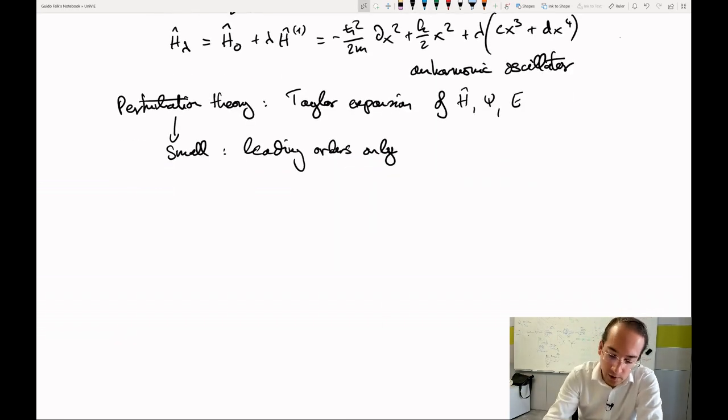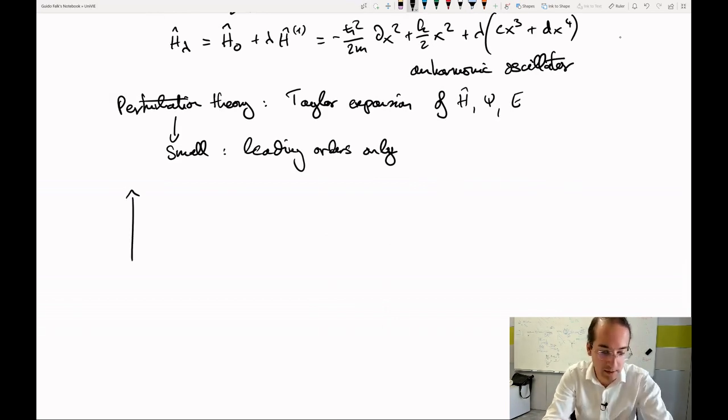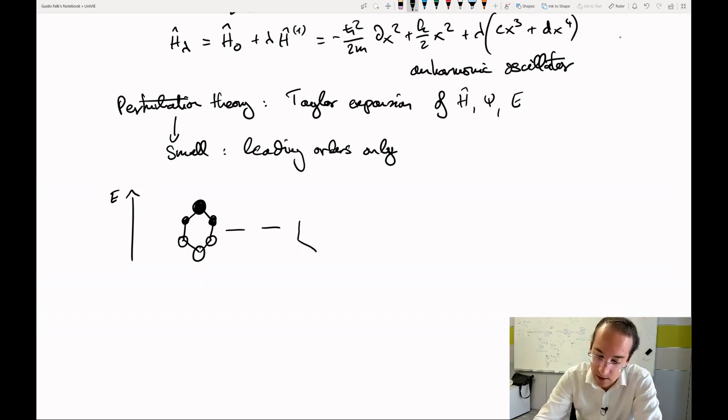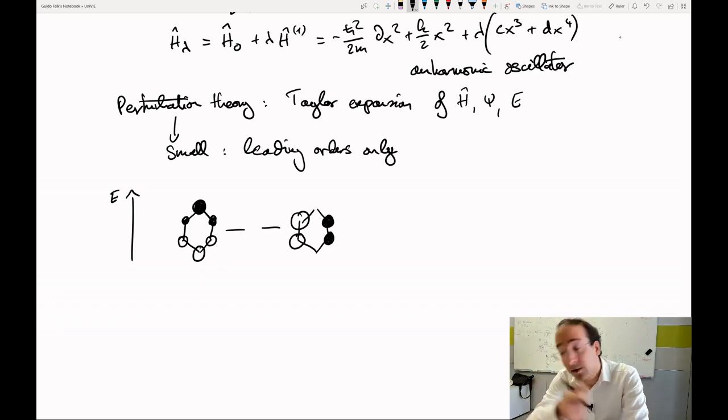So if you have two things, say two molecular orbitals, where on your energy axis you would have, say, the benzene case, about on my drawing as a physicist, where you have this kind of orbital at the same level as this kind of orbital, then without the perturbation, they are degenerate, but under applying the external field, this degeneracy is lifted.